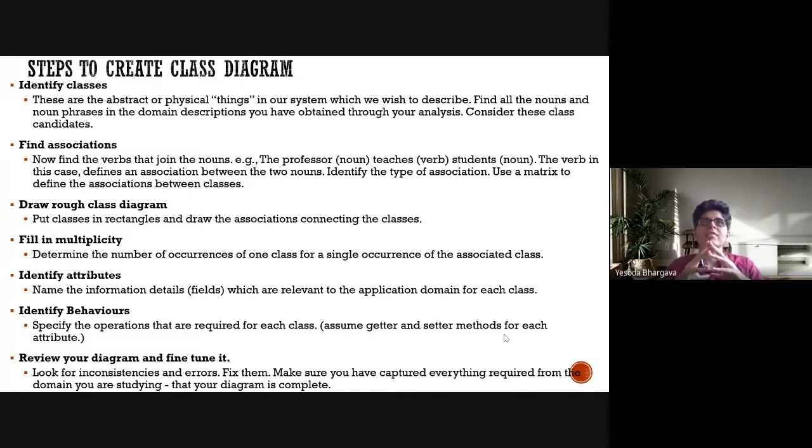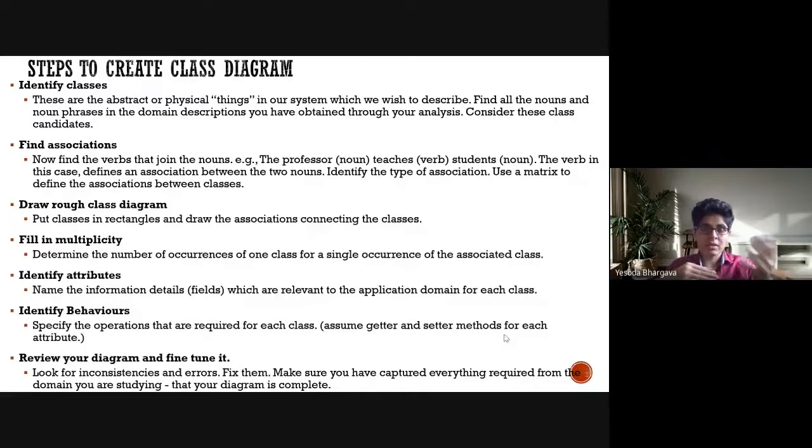After you have identified the classes, and here I'm not talking about identifying their attributes or operations, you just identify the classes and then you try to find the associations between the different classes, and how they're communicating with each other.